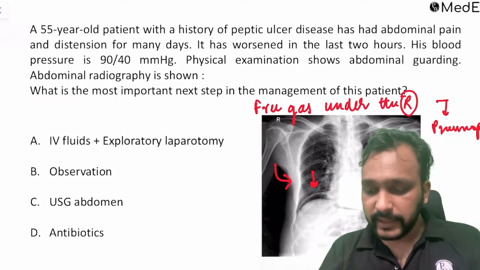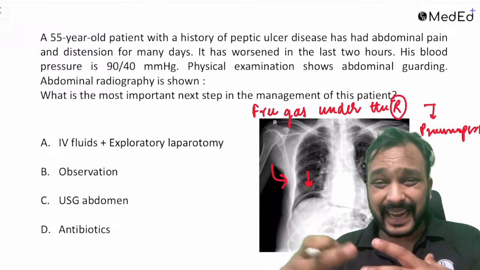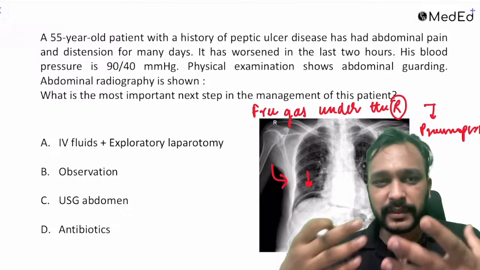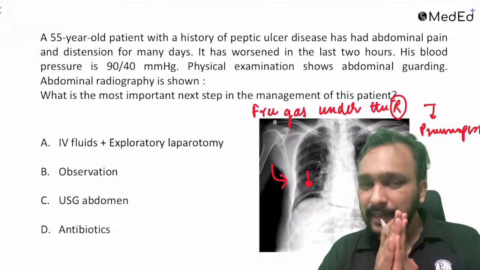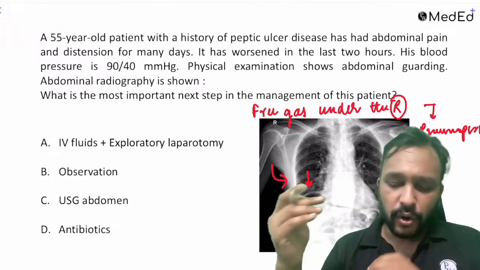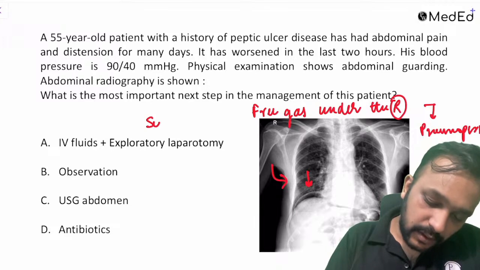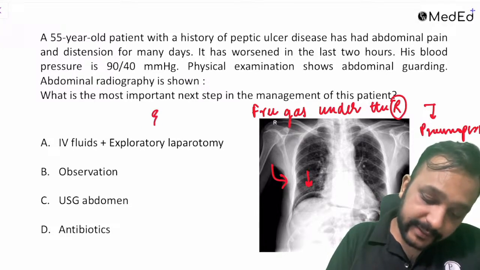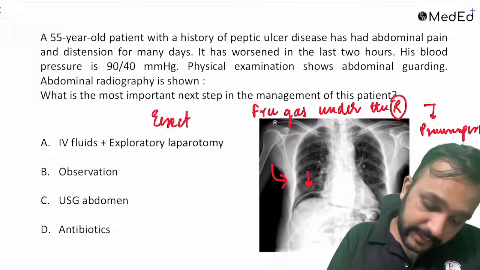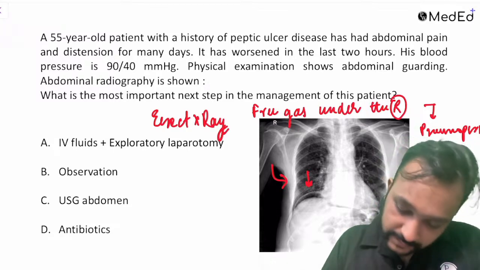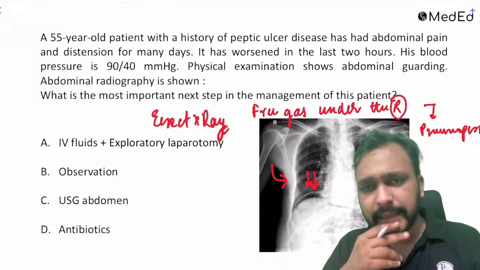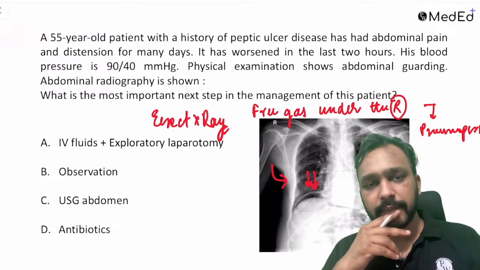Whenever they rupture, the gas within the bowel loops comes into the peritoneal cavity. And when this gas comes into the peritoneal cavity, on erect X-ray you can see this free gas under the right dome of diaphragm, right?